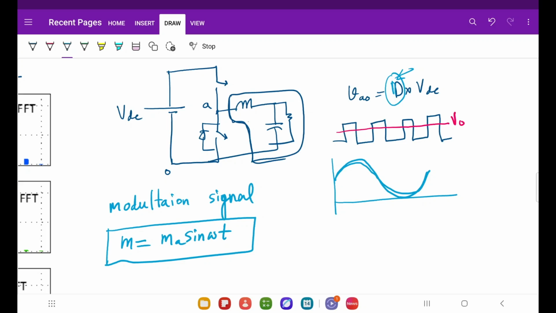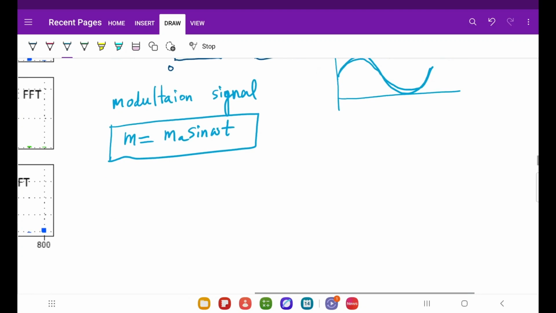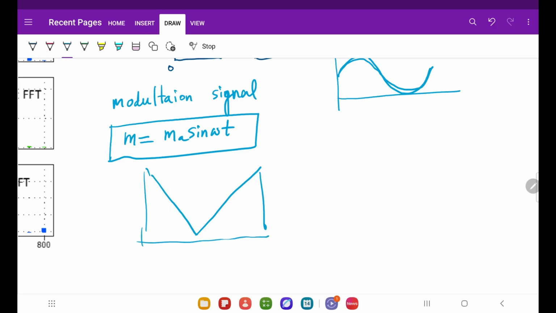Now how to actually generate the gate pulses? You already know that, or let's take a triangular signal. Now if you take a triangular signal like this, and compare it with a DC, what happens?